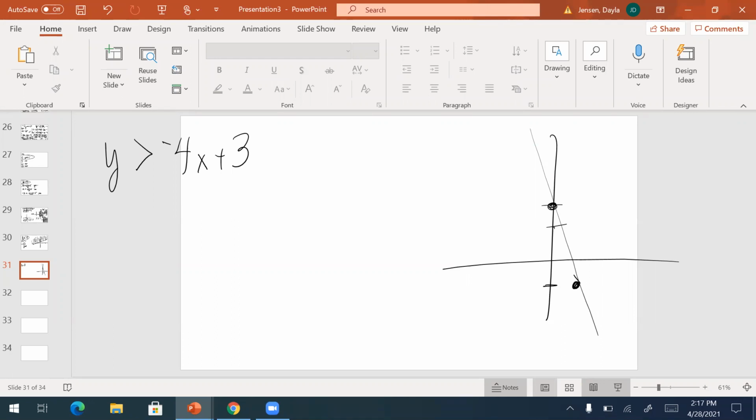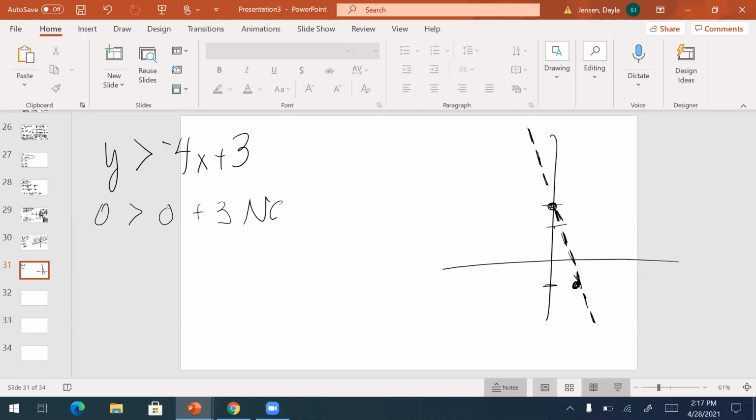And again, it's going to be dotted because I didn't include, it's not greater than or equal to, it's just greater than. So what values are going to satisfy this inequality? I usually just pick 0, 0 and ask myself, is 0 greater than negative 4 times 0 plus 3?